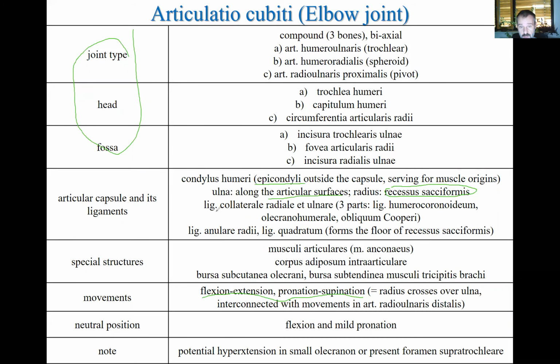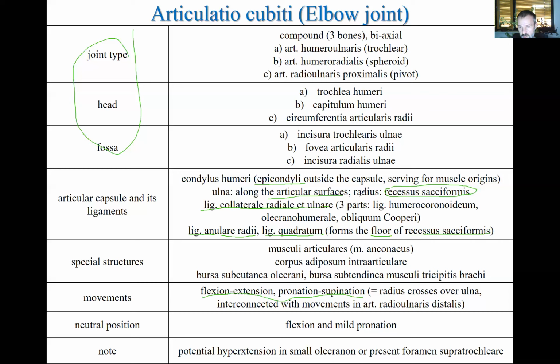As for ligaments, I mentioned 2 collateral ligaments, called radial and ulnar; these ligaments limit abduction and adduction. And then we have another 2 ligaments, the annular ligament of the radius and the quadrate. The quadrate ligament is just a small thickened part of the articular capsule and forms the distal border, that means the floor of the sacciform recess.